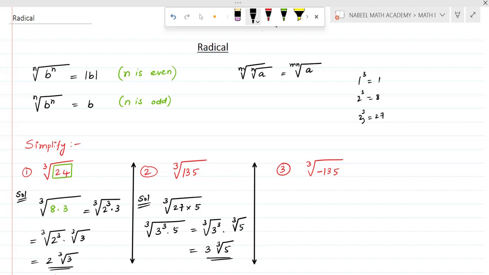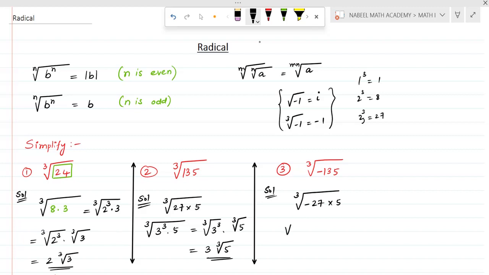And by the way, we know this part. When you have the square root of minus 1, it is i, a complex number. When you have the cube root of minus 1, it is equal to minus 1. So we are going to use this rule in the radical. Here we will have the cube root with the minus. In the last problem, it is the cube root of minus 27 into 5.